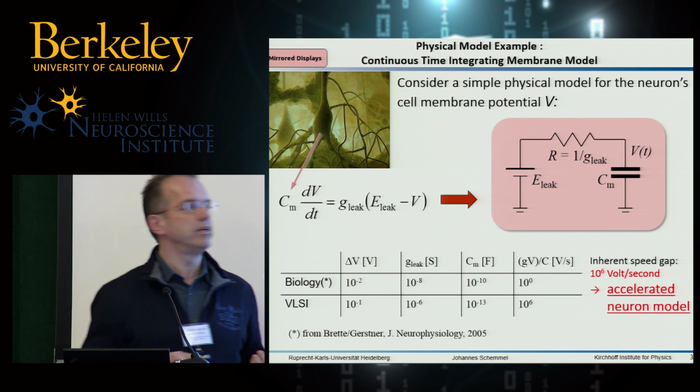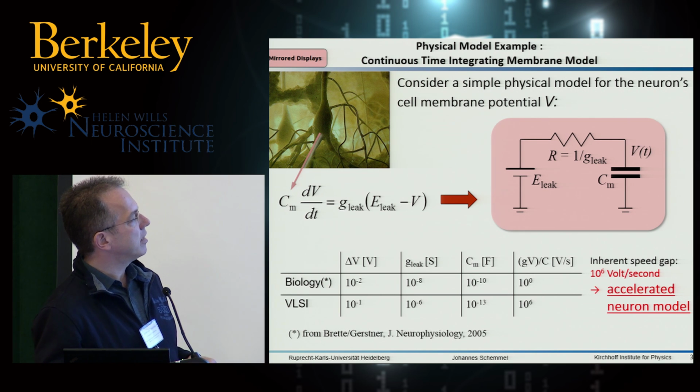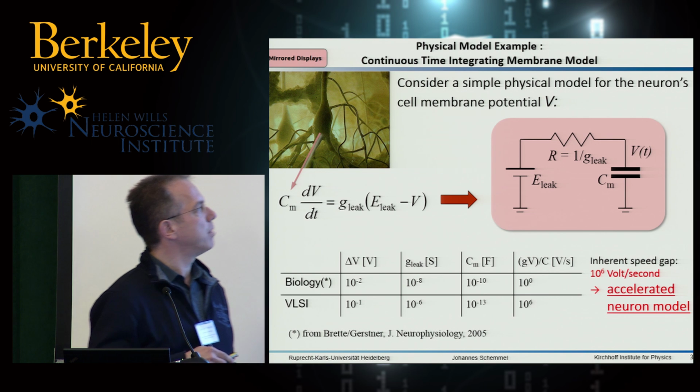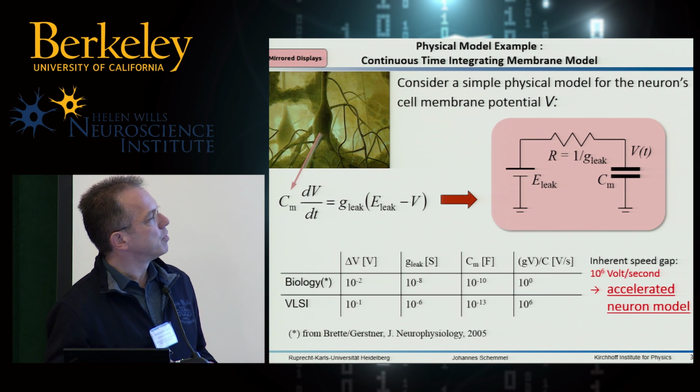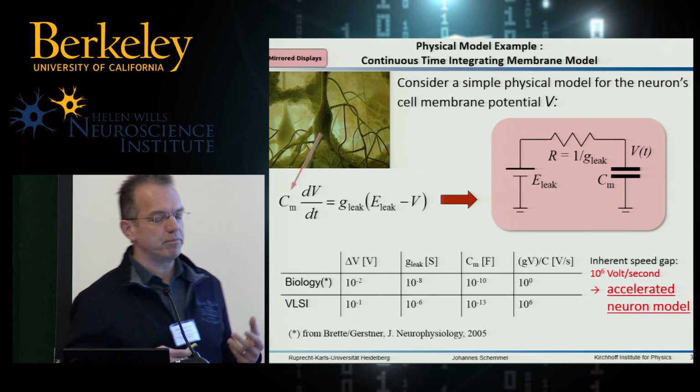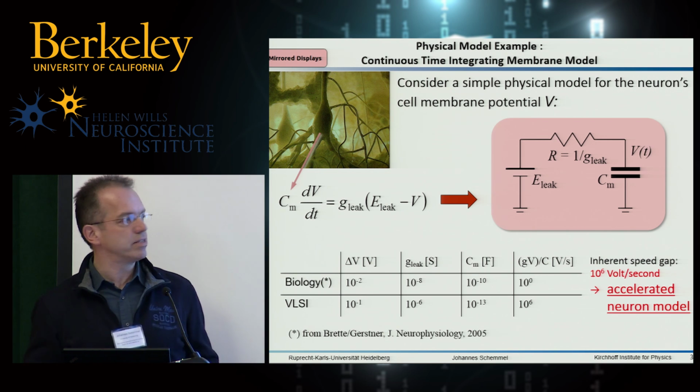We do, on the contrary, use the fact that the physical properties of the resistors and the capacitors are different in VLSI compared to biology. So if we put this all together, our time constants here are much smaller than in biology. We have higher currents, we have lower capacitances.